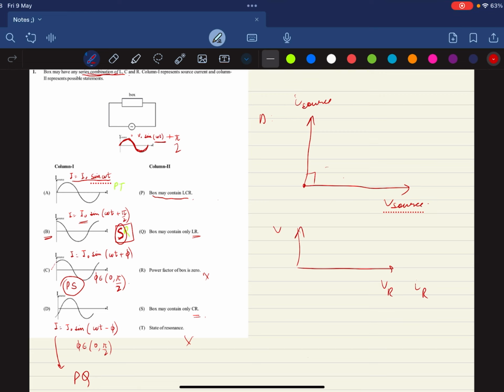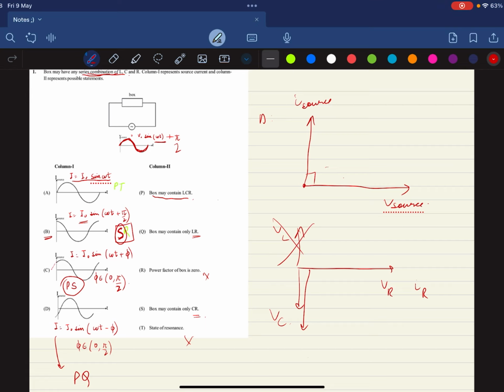This is VL and this is VC. VL should not be anything, and the V net vector should be like this.